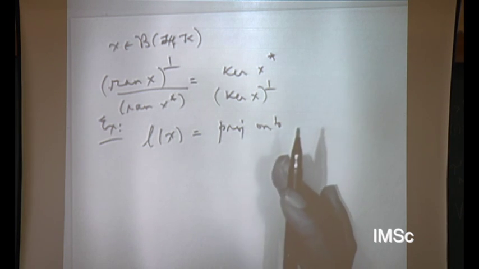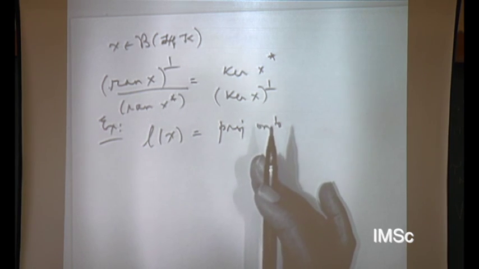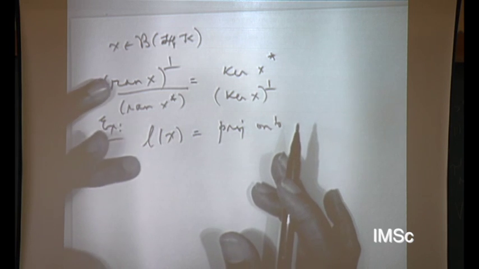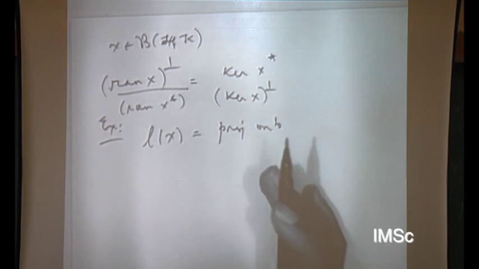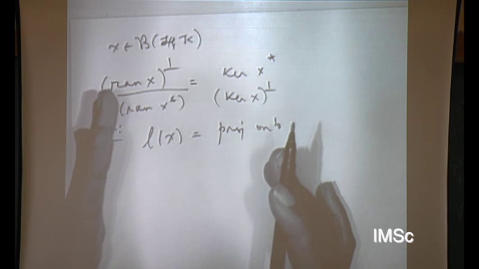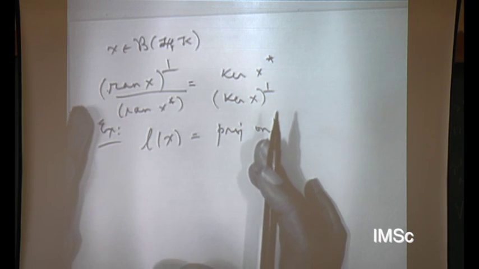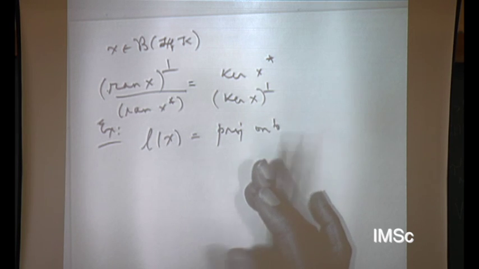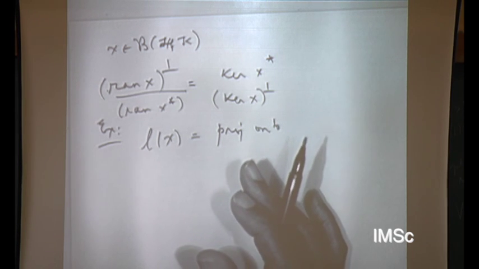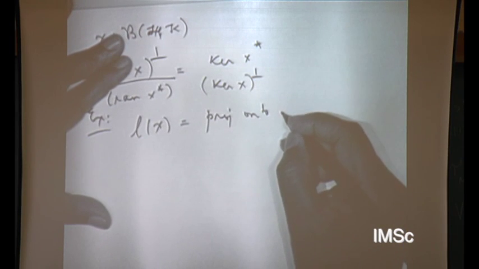That means L must fix any vector in the range of X. And because the fixed point set of L is a closed subspace, L must fix the closure of the range of X. So this is the projection onto range X closure.